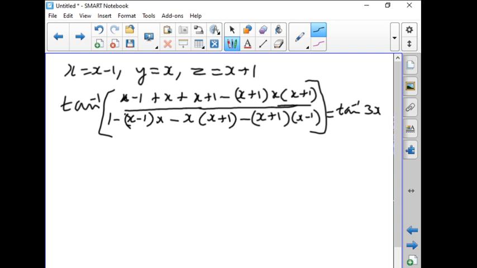Now we simplify. On both sides we are having tan inverse, so it goes off.